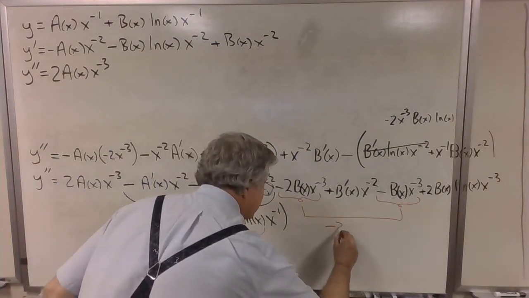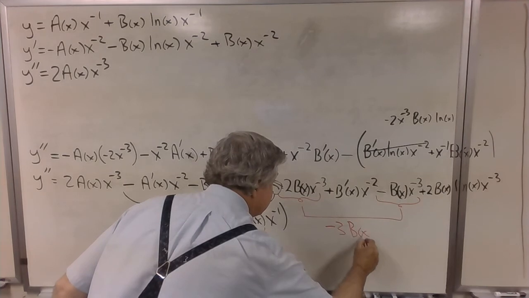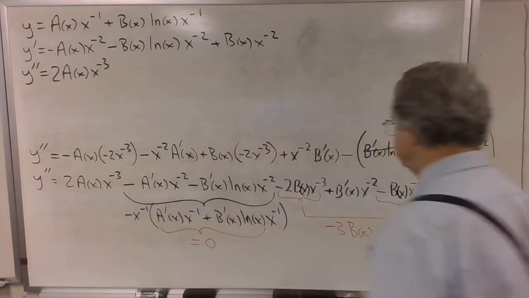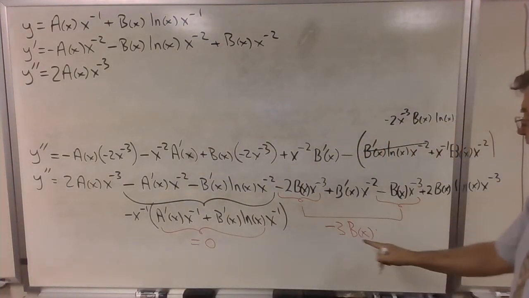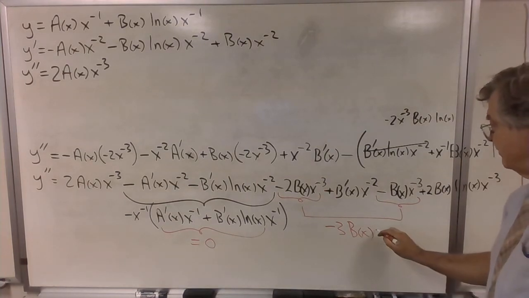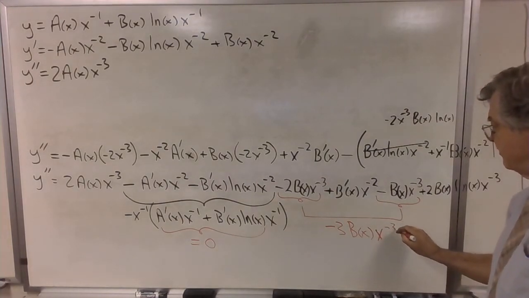We can put them together, minus 3bx, this term and this term, minus 3bx, x to the negative 3.